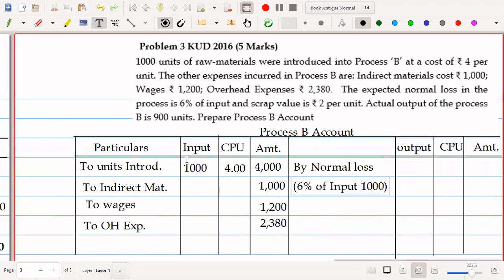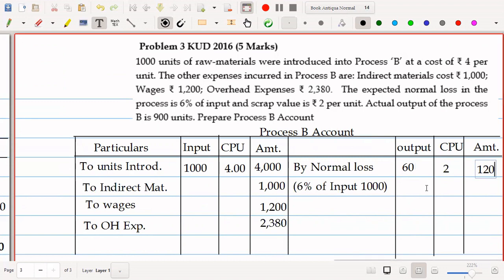See here, this is the input. Don't take the amount, you have to take the units here. 1000. What will be the answer? 6% of 1000 means it comes to 60. And scrap value, look here in the column they have given scrap value is rupees 2 per unit. 60 into 2, it comes to 120 rupees.